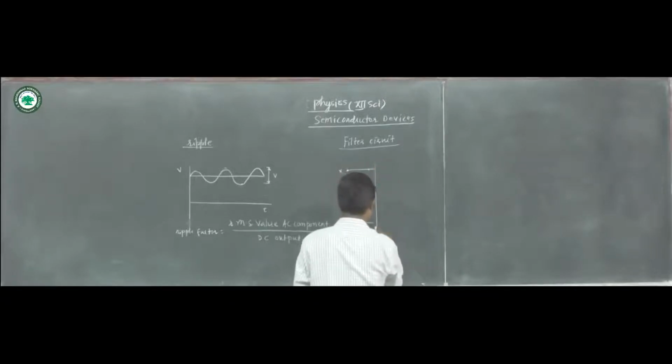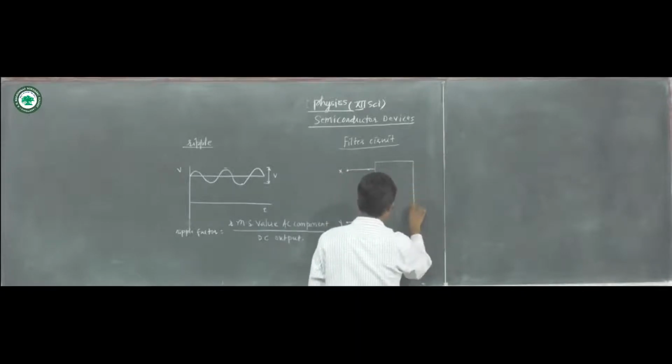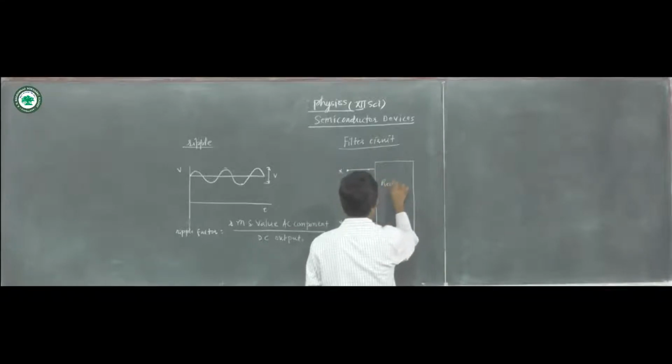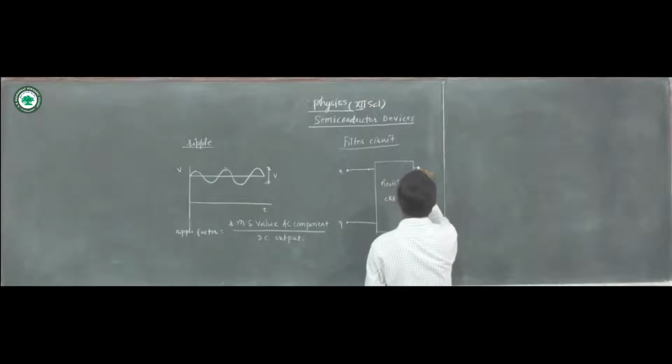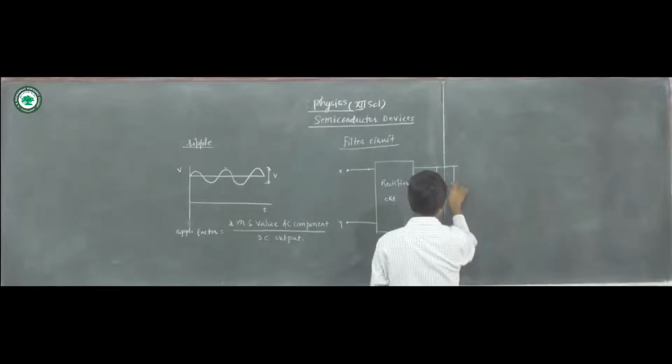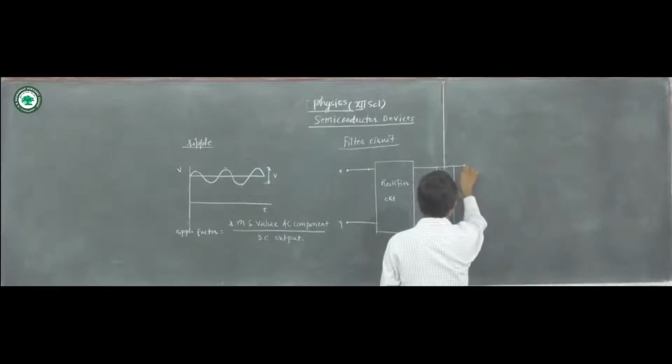Here is the rectifier circuit, and the output of this rectifier circuit is connected to one capacitor. And the output is taken through this load resistance RL.